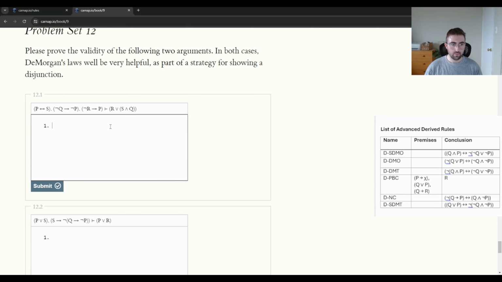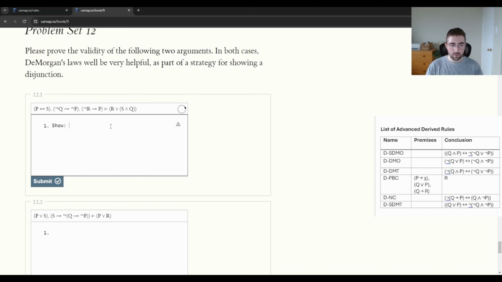We're trying to show R or S and Q, and we have our premises, which I will list. Of course, they all have to go on a different line, and we have to say that they are premises as usual. Okay.